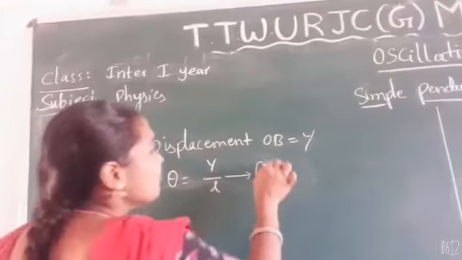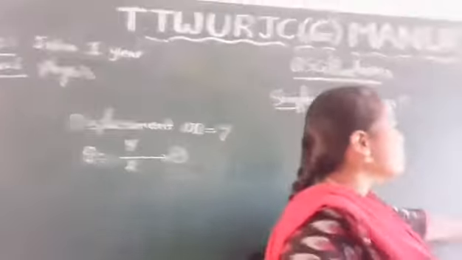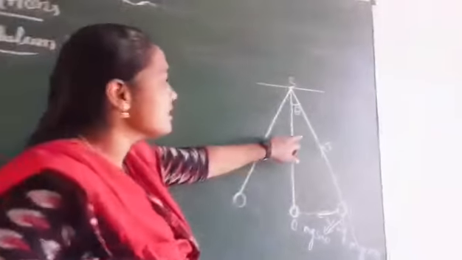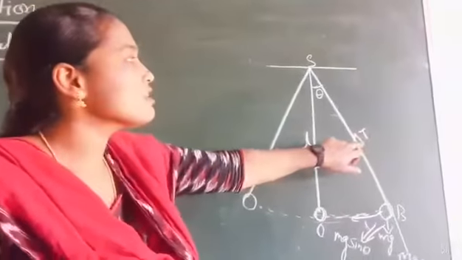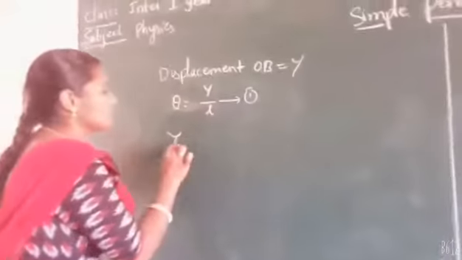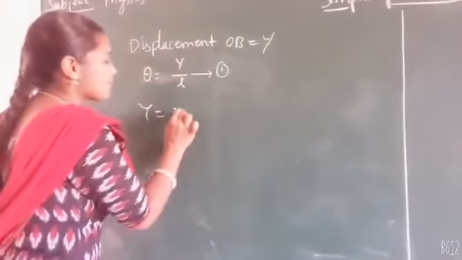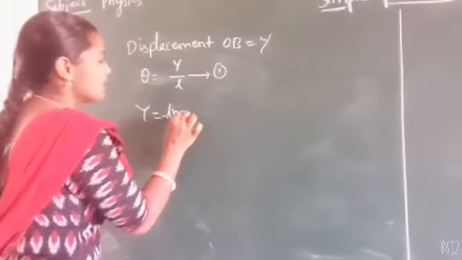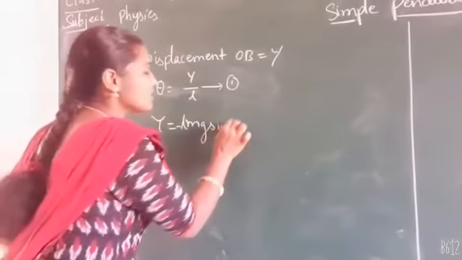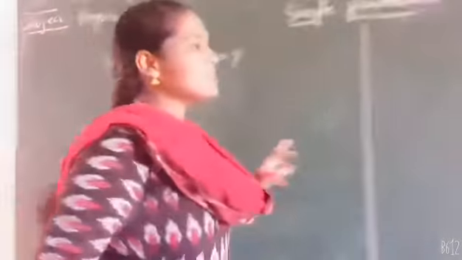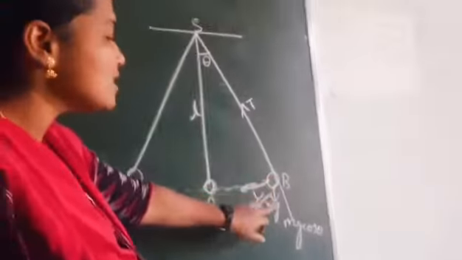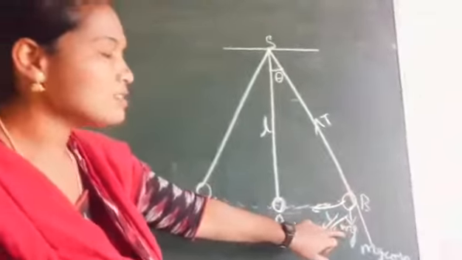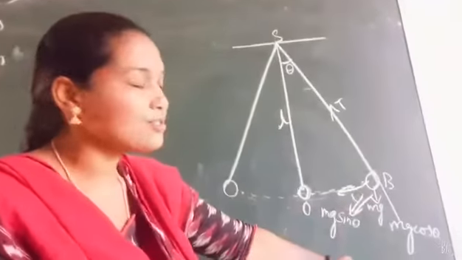This is equation 1. The force acting on the string is the torque. Torque is equal to minus L mg sin theta. Here mg is the weight of the bob, where m is the mass of the bob and g is the acceleration due to gravity.